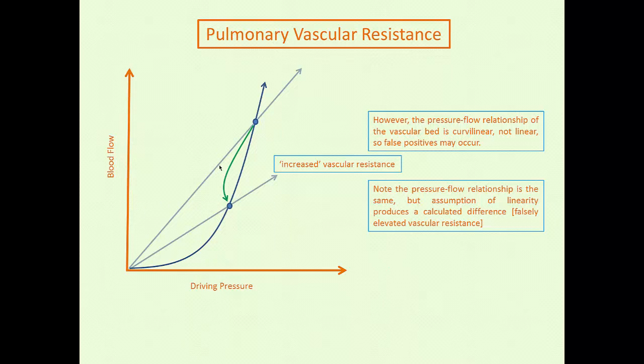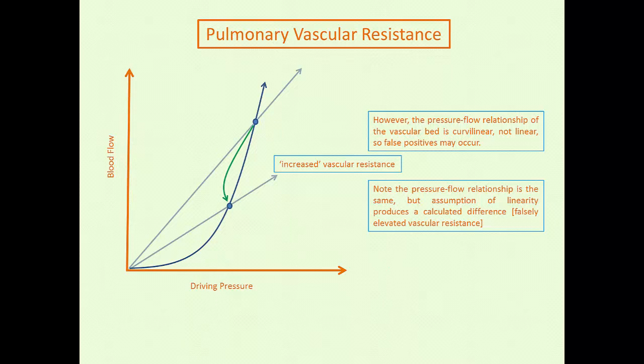And so certainly you calculate the slope. Certainly the slope has changed and they've increased their vascular resistance. But in effect, they're still on this curvilinear relationship, which defines the true physiology of the vascular bed. And in fact, this patient has not changed the physiology of their pulmonary vascular bed at all. And you've actually just concluded that you've increased their vascular resistance, and whatever you've done may be bad. But actually nothing has changed at all.